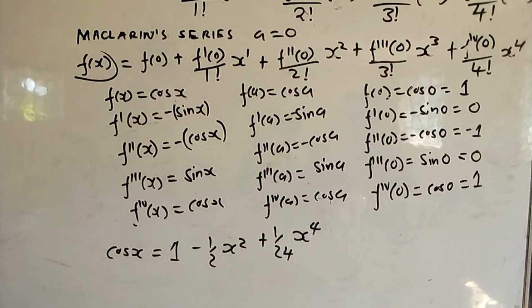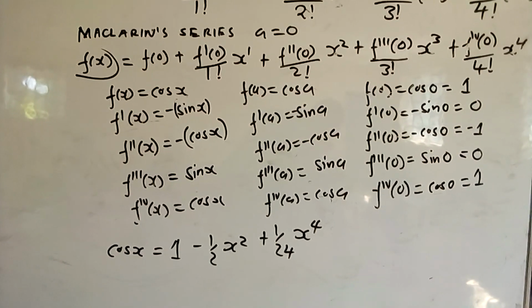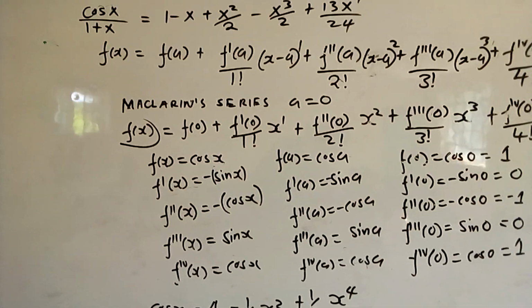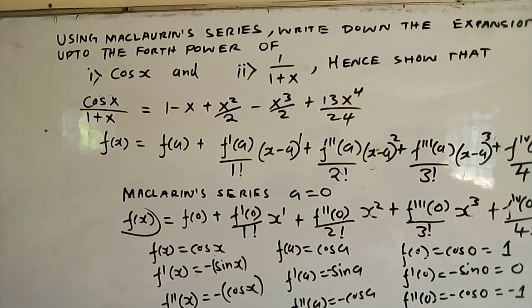So after getting the expansion of cos x in Roman 1, we now want to get the expansion of 1 over 1 plus x. Let us do that. That is Roman 2. Let us go back to the second part of that from where we started.